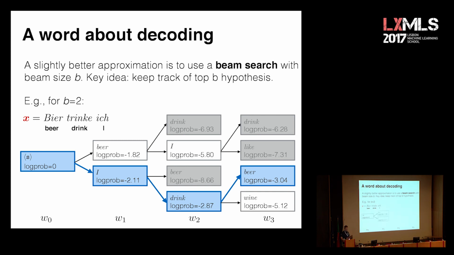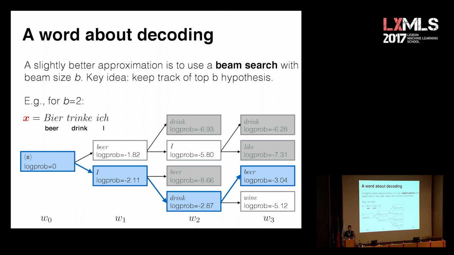Now we're going to continue expanding beer, and we're going to get drink and I. And now we've got these log probabilities, and we're also going to extend I and beer. You can see that if we were expanding this tree with the full vocabulary size at every step, this would blossom out to be an absolutely massive tree.